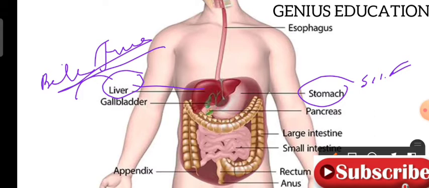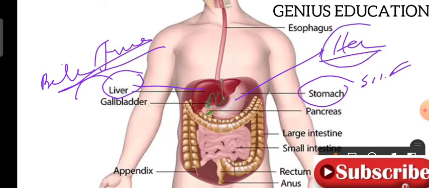And the stomach secretes HCl, hydrochloric acid. HCl is a chemical which kills pathogens. And there is a gallbladder, present near the liver, which stores bile juice.